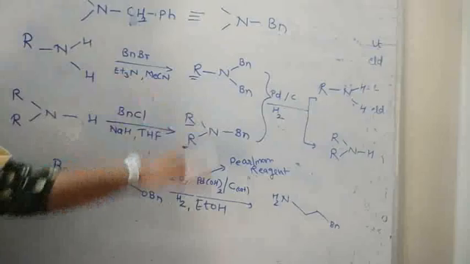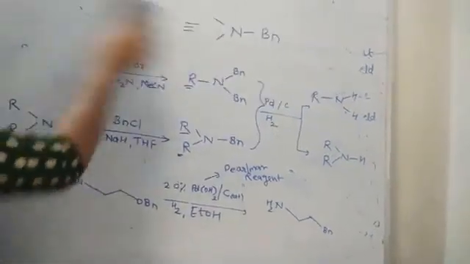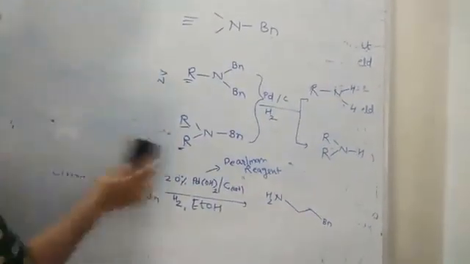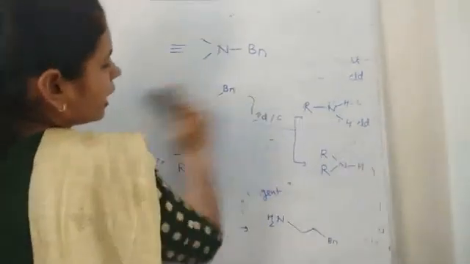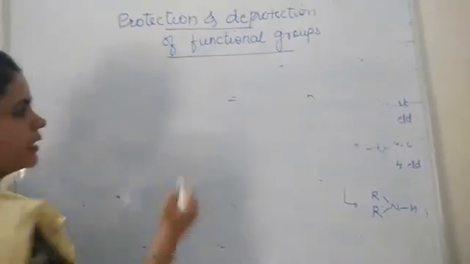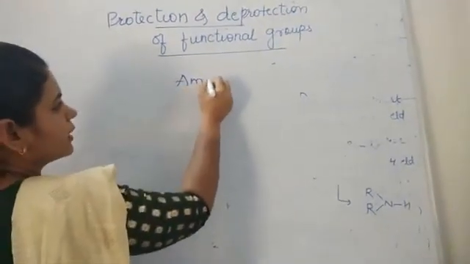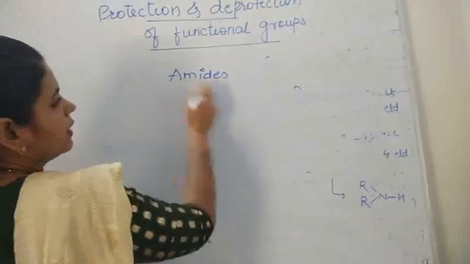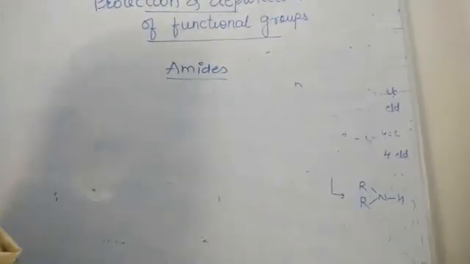After this we will continue with our topic, and we will prepare amides from these amine groups. Now, preparation of amides. We know that amides are prepared from amines by acylation.